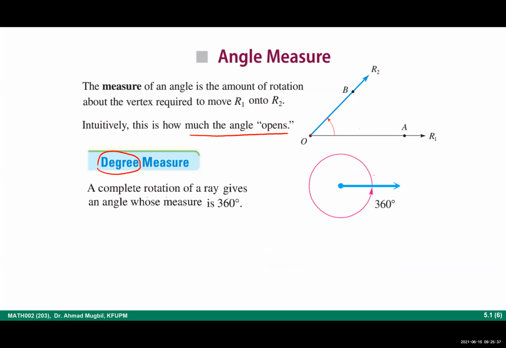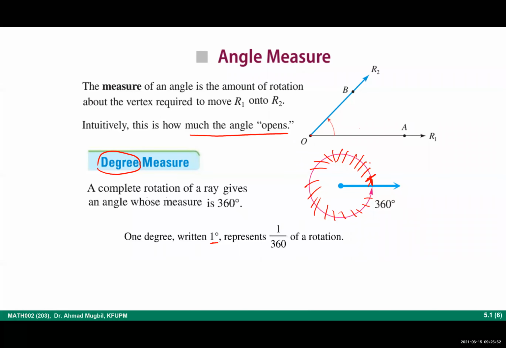Now, Shabab, they divided this circle of the full rotation into 360 parts. So when you move 1 unit, it is 1 part. One degree is 1 part of 360 degrees. I told you this is maybe related to the number of days in a year.